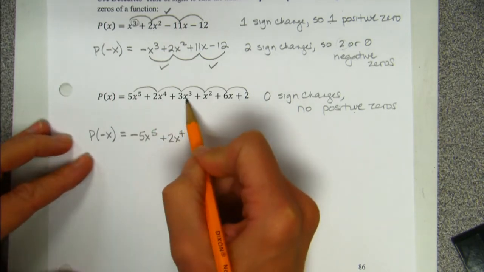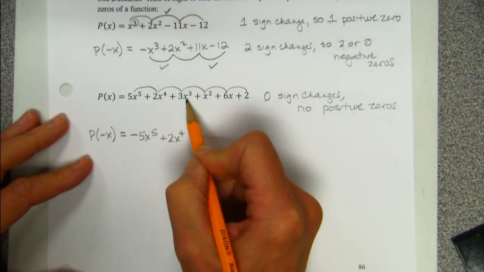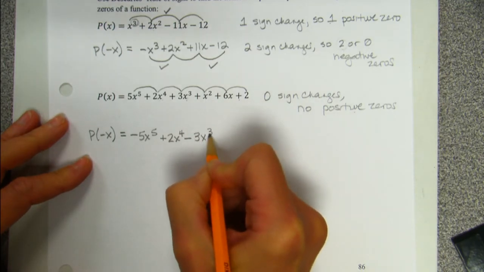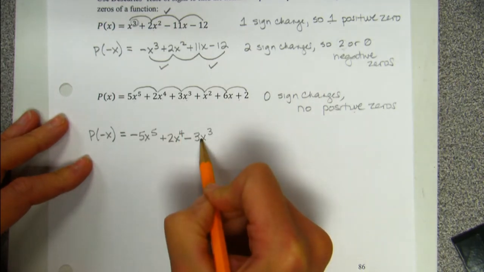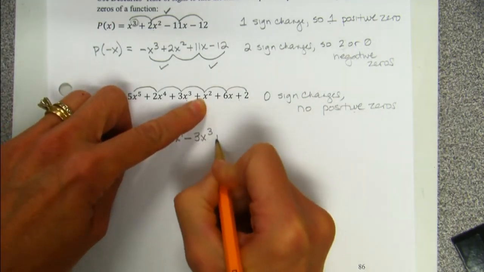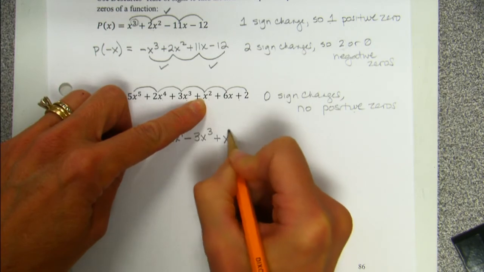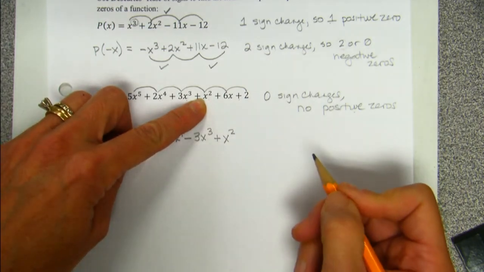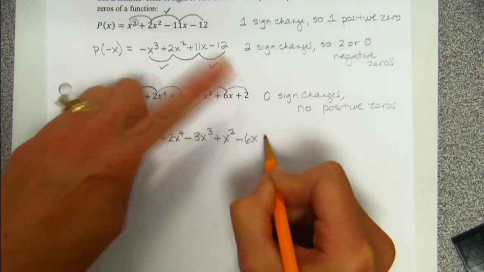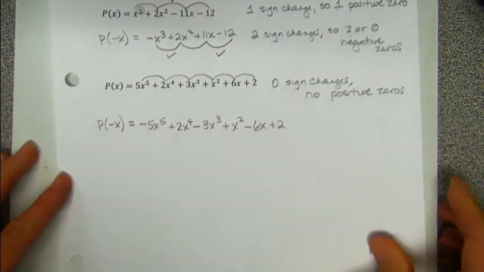If I plug in a negative x here, that's 3 negative signs. This guy's going to change signs. If I plug in a negative x here, negative times negative is positive, that's going to stay. If I plug in a negative x here, it's going to change the sign of the 6x, and my plus 2 will remain.